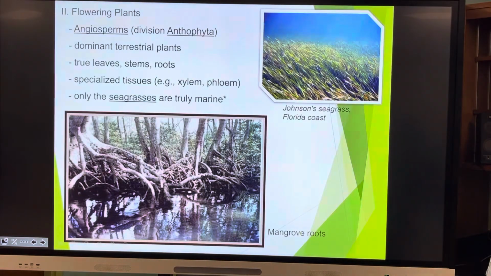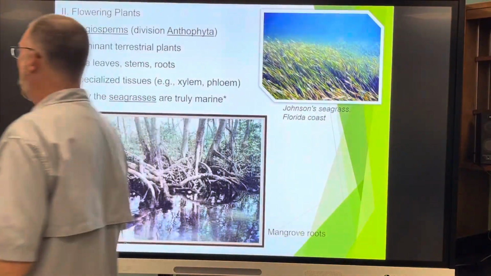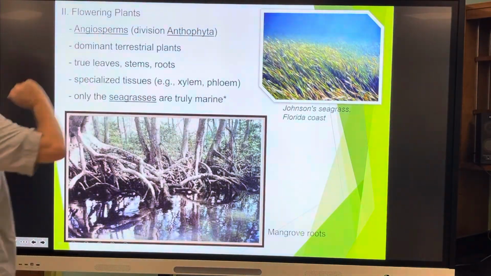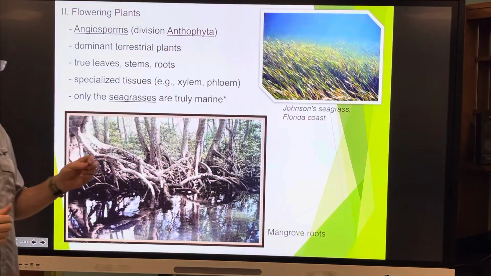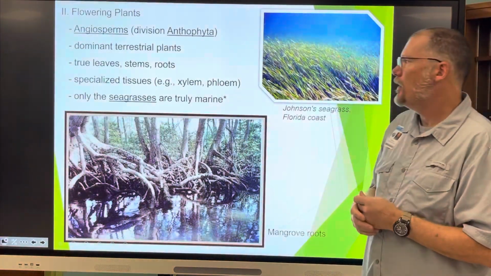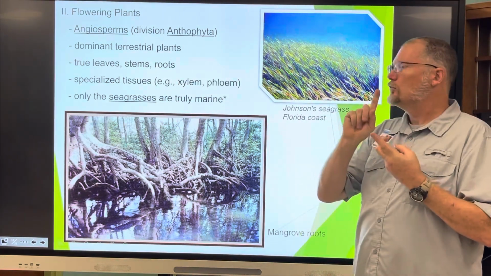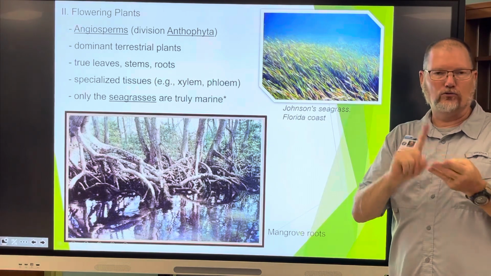All right, we are moving on from the algae, and we're going to start talking about the plants, the angiosperms. Angiosperm kind of literally means flowering plant, okay? They have true leaves, true stems, and true roots.